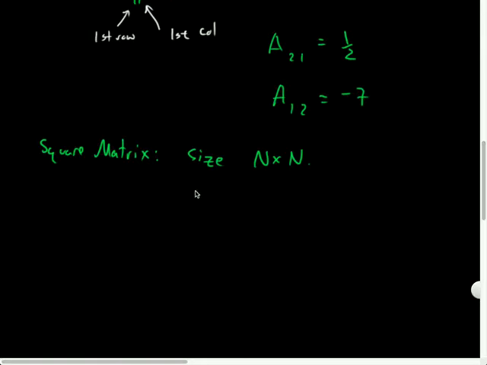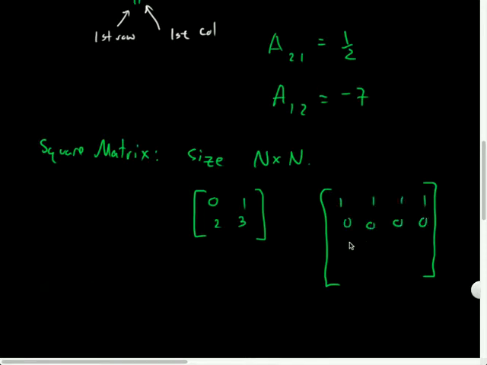So that would be like a 0, 1, 2, 3, or a 1, 1, 1, 1, 0, 0, 0, 0, 2, 2, 2, 2, pi, e, i, and x. There we go. So what's the size of this first matrix? I could call this matrix B, and this is matrix C.